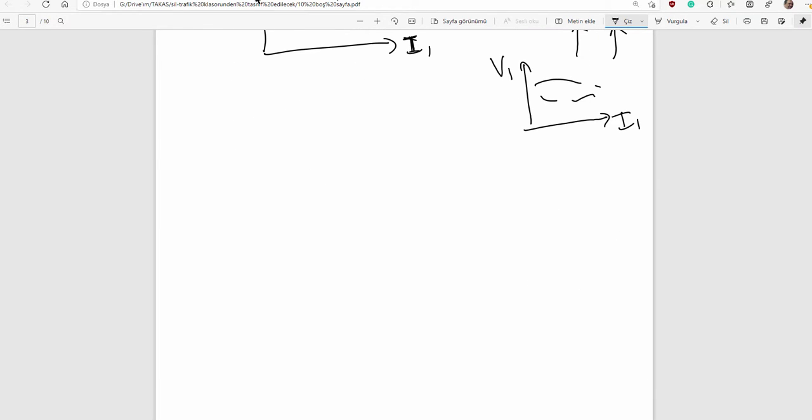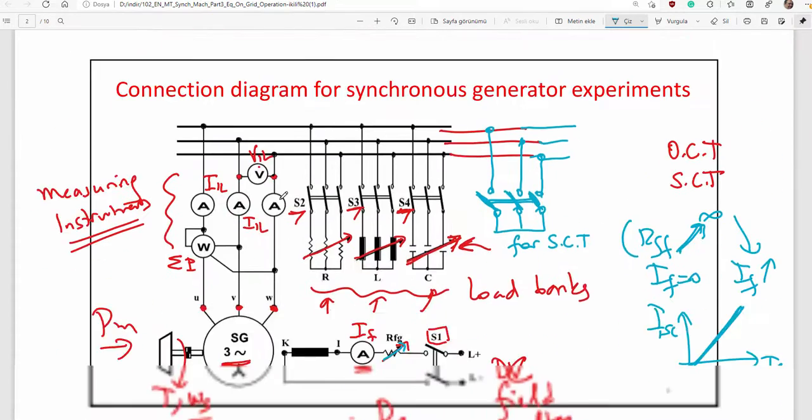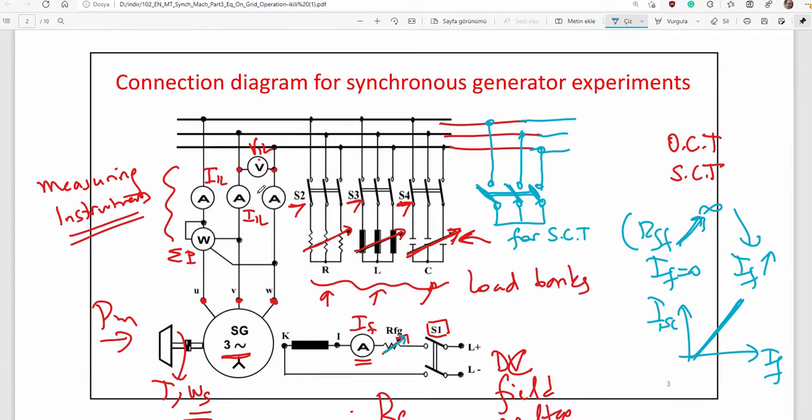First of all, here was the characteristic circuit, and when there is no load, all the switches are off here on load banks. Then apply DC field current, keep speed constant, and by changing the field rheostat, adjust field current at a certain value. This value is a special value maintaining rated voltage when there is no load.